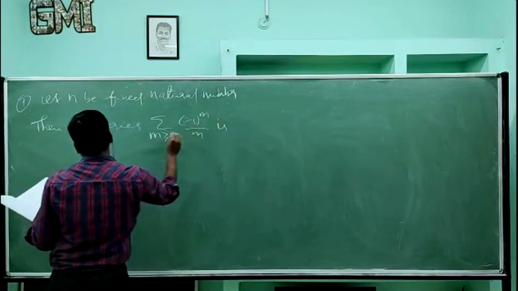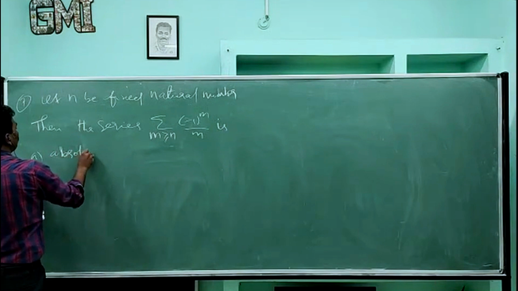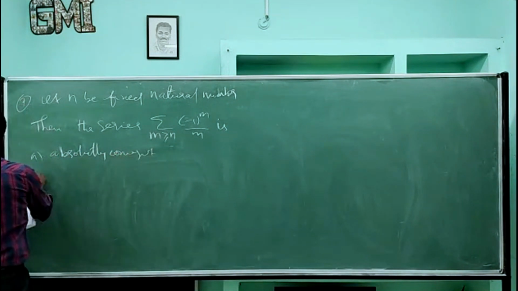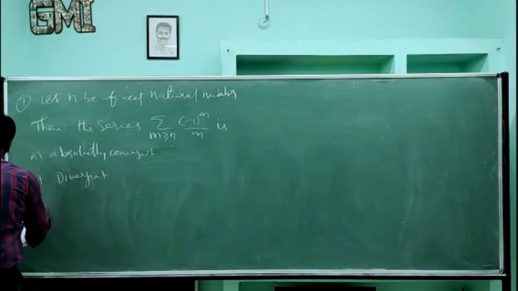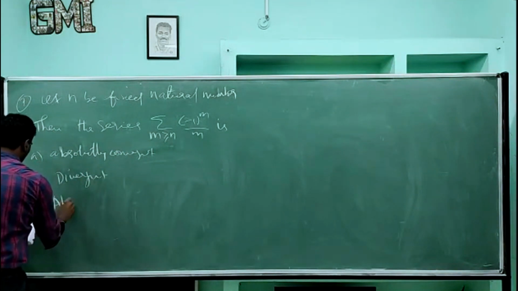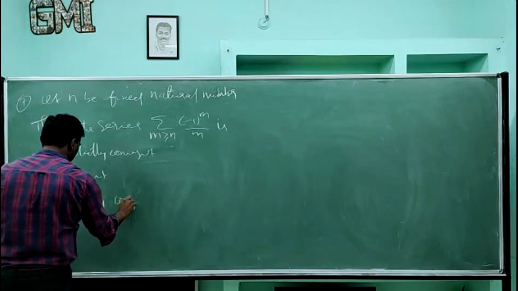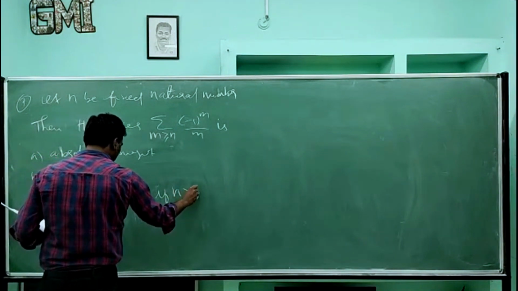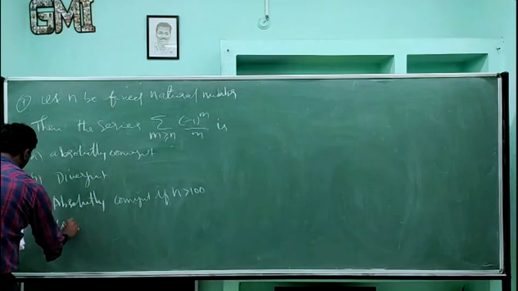Option A: absolutely convergent. Option B: divergent. Option C: absolutely convergent if n is strictly greater than 100. Option D: convergent.